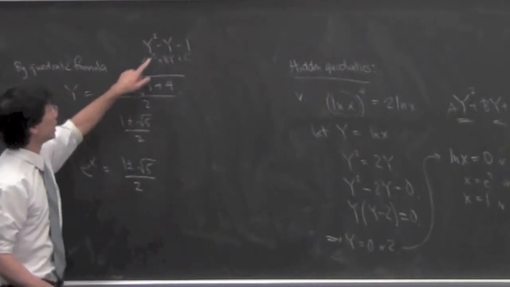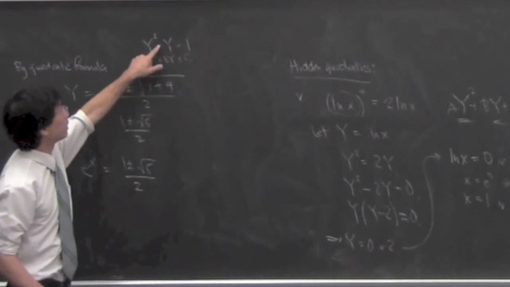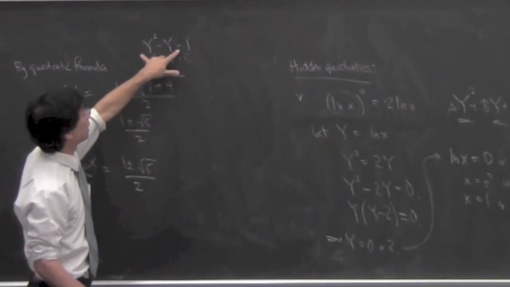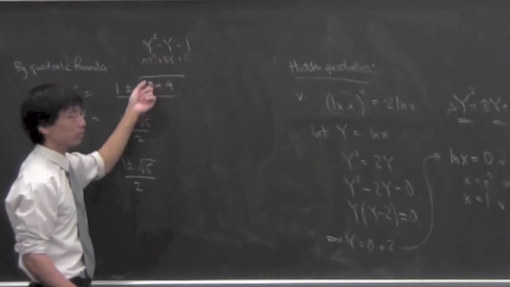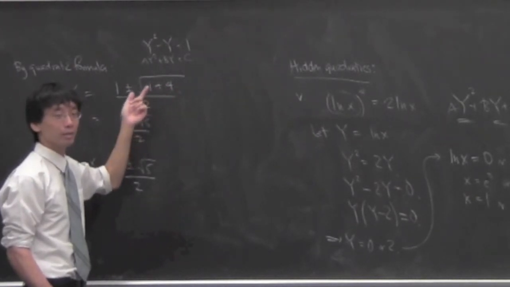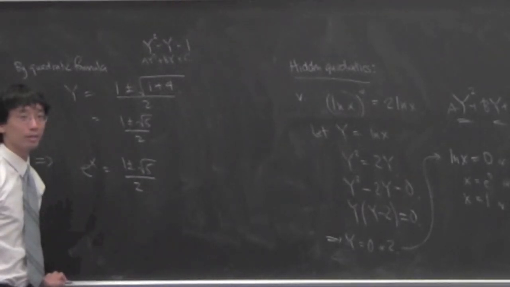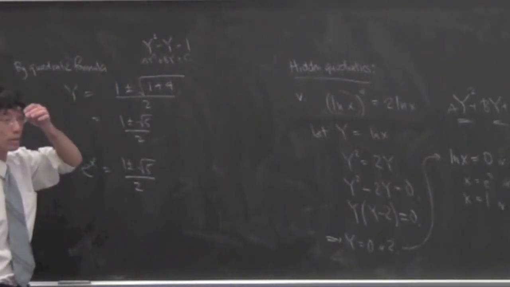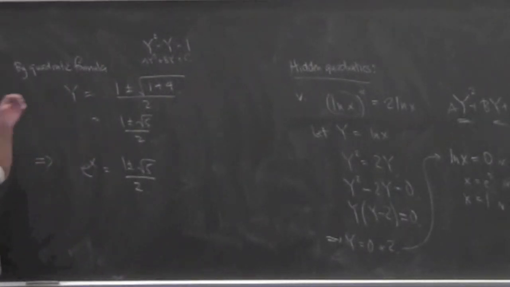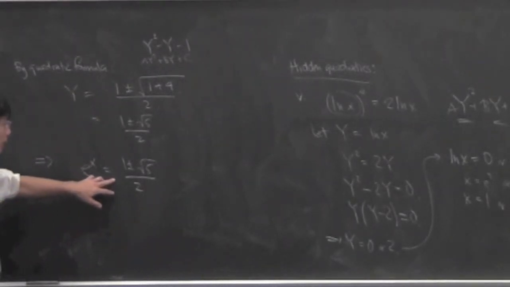So negative b, negative 1, plus or minus the square root of b squared, that's negative 1 squared, minus 4ac. ac is minus 1, so we get minus 4 times minus 1, so that's plus 1. And then divide by 2. It's just the quadratic equation. And then we get to here.